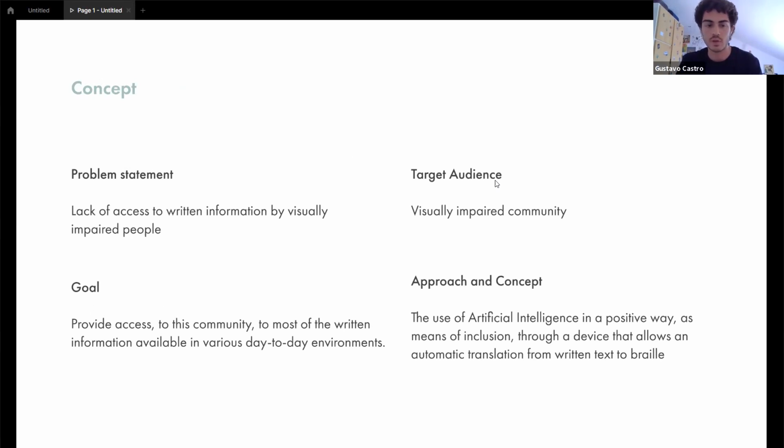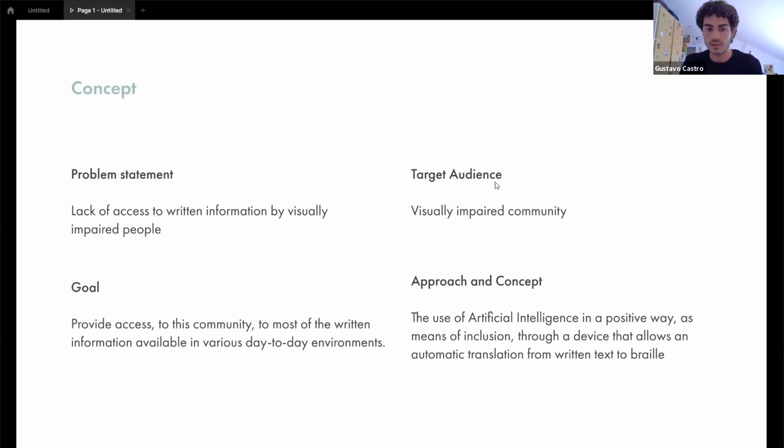So if we think about it, we are constantly being presented with written information, whether it be on the streets, street signs, books, product labels. And if we think that visually impaired people are constantly deprived of this written information, of course there are braille translations in products and in books, but braille is the universal alphabetic writing system for blind people, and these are very few compared to the information that visually impaired people don't have.